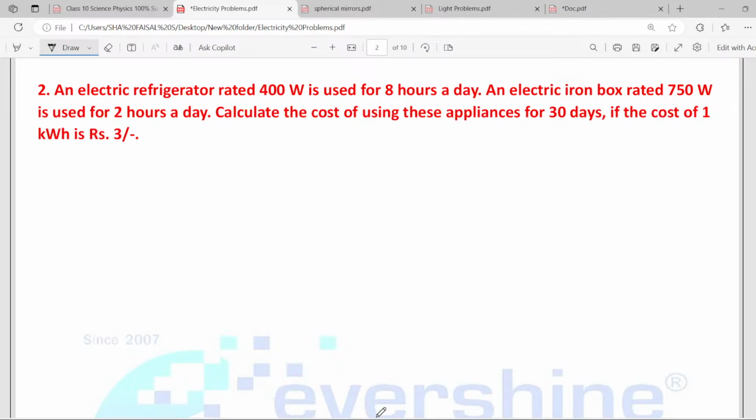Can you solve this question? Students, can you solve this question and let me know the answer first? Same method as what we have done now.